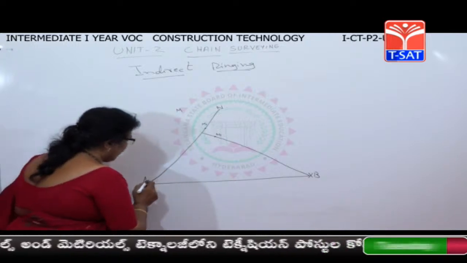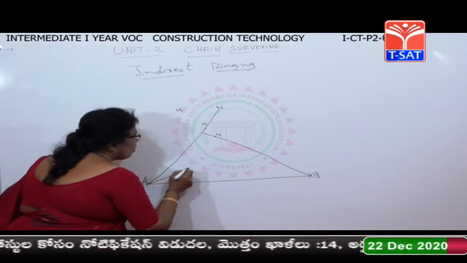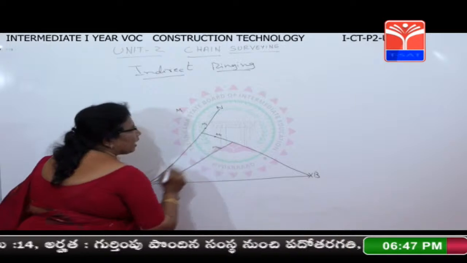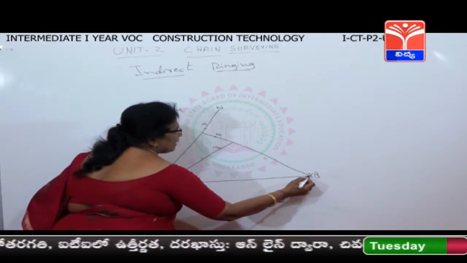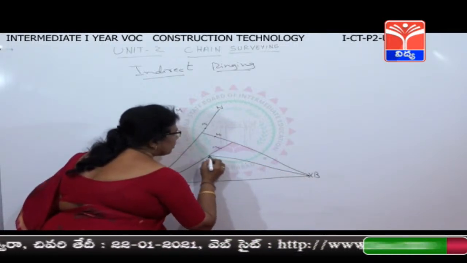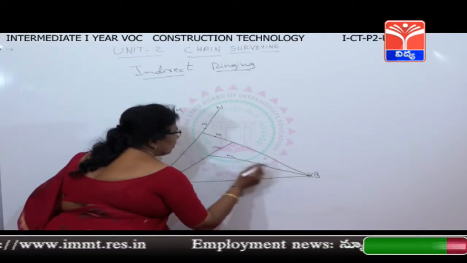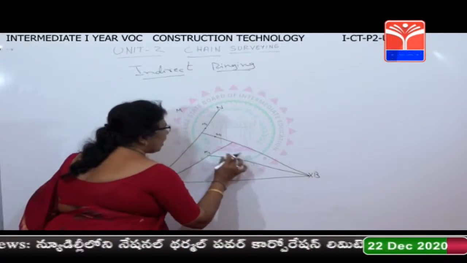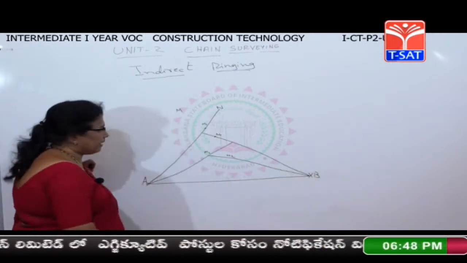Then again, same thing. Person A will ask M1 to move till M2. And again, person B standing at B directs N1 to move to N2 such that B, M2 and N2 are in a straight line.